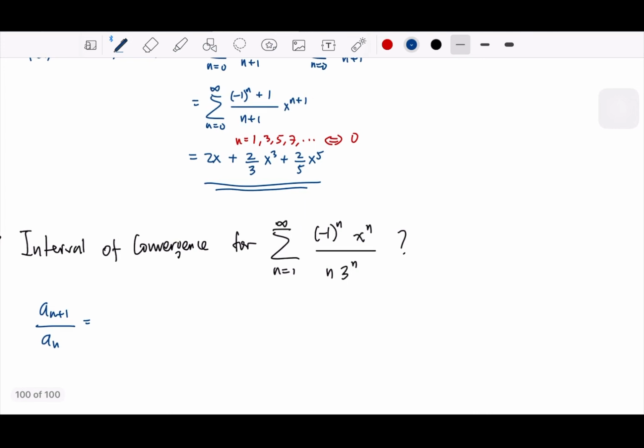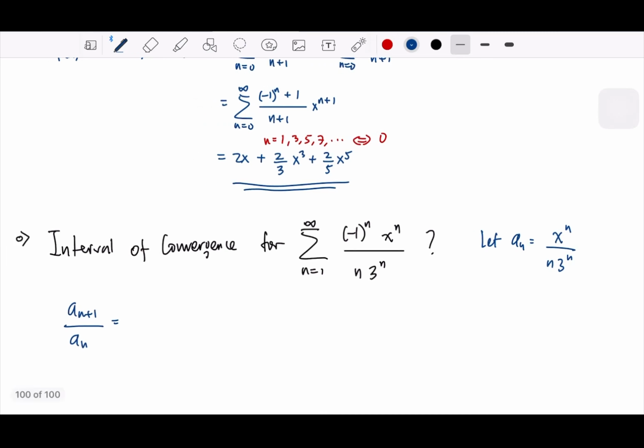And this we can write first. We let a n equal to x to the power of n over n. Okay. So take the absolute value to remove our alternating signs. So we can have a n plus 1.